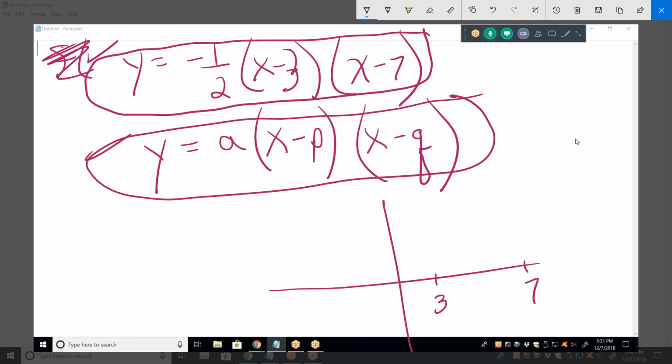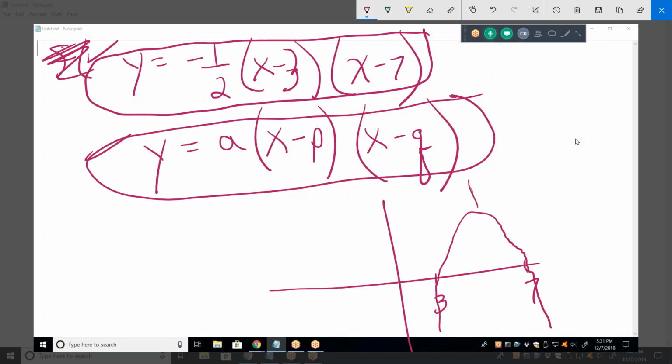So where's the x-coordinate of my vertex? Where's the line of symmetry? In other words, I know it looks something like this. Still only have 2 points, so I can't graph it without a third point. So let's find the vertex.